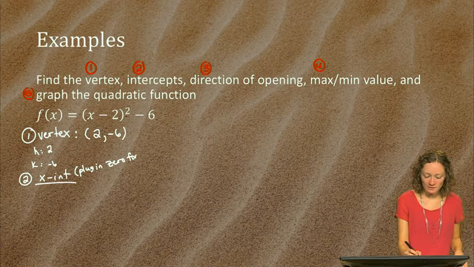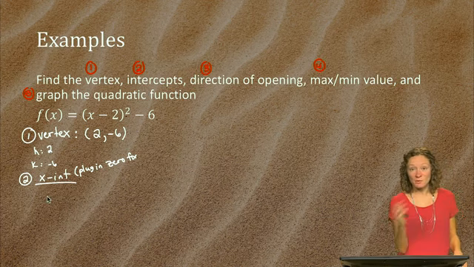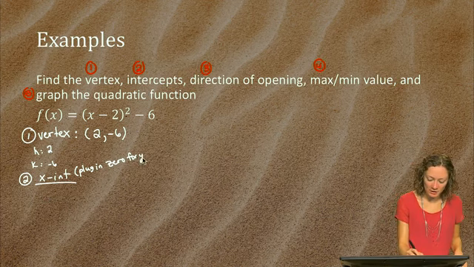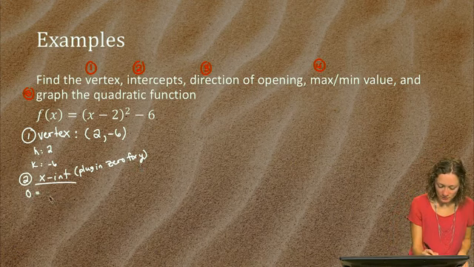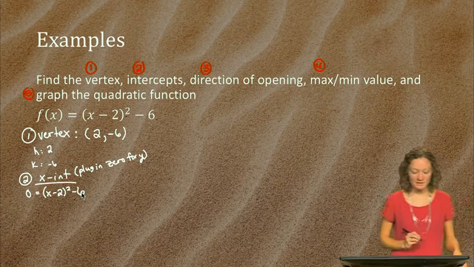Do you remember? If we're looking for x-intercepts, we want there to be a number for x, so we plug in 0 for y. All right, so let's plug it in. We get 0 equals x minus 2, quantity squared, minus 6.